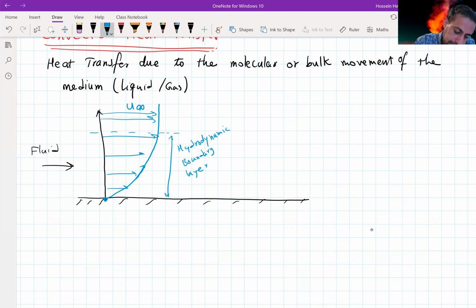And then we get the velocity distribution, which is u of y. I'm just showing it with this one.